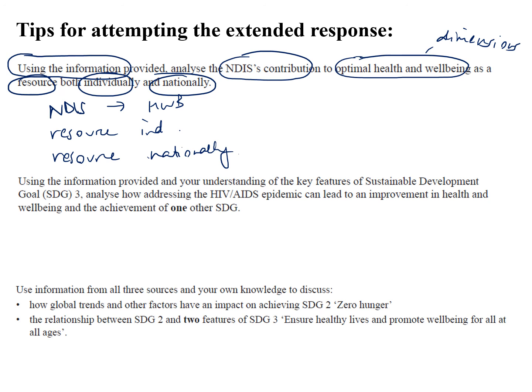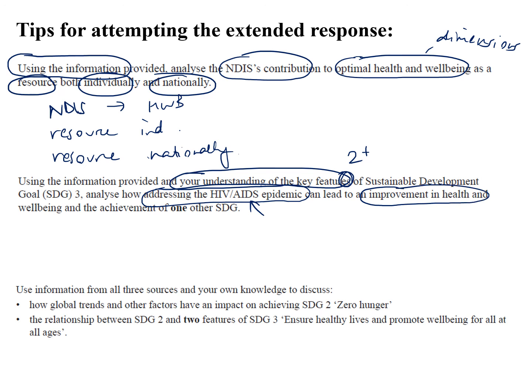The second question, using the information provided and your understanding of the key features of Sustainable Development Goal 3. It says features, so at least 2 key features. Analyse how addressing the HIV/AIDS epidemic, so that's probably where I need to use some of my own knowledge on what that is, can lead to an improvement in health and well-being, so it has to be a positive focus, and the achievement of one other SDG.